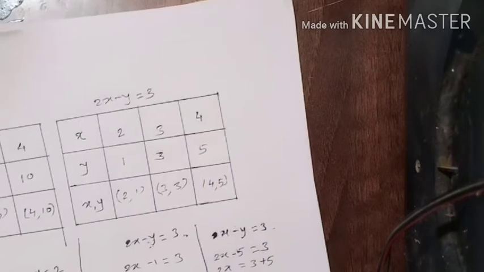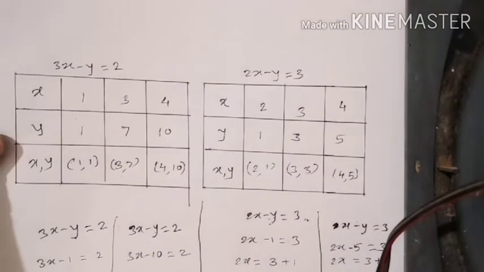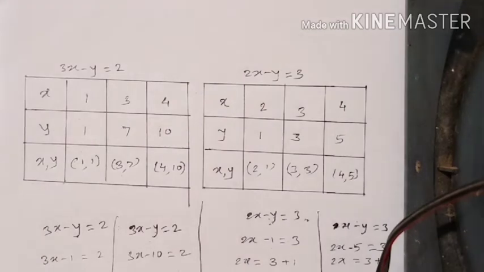Now see, boys, this is a solution of the box and you have to put these points on the graph. For the first equation, the first point is 1, 1, the second point is 3, 7 and the third point is 4, 10.